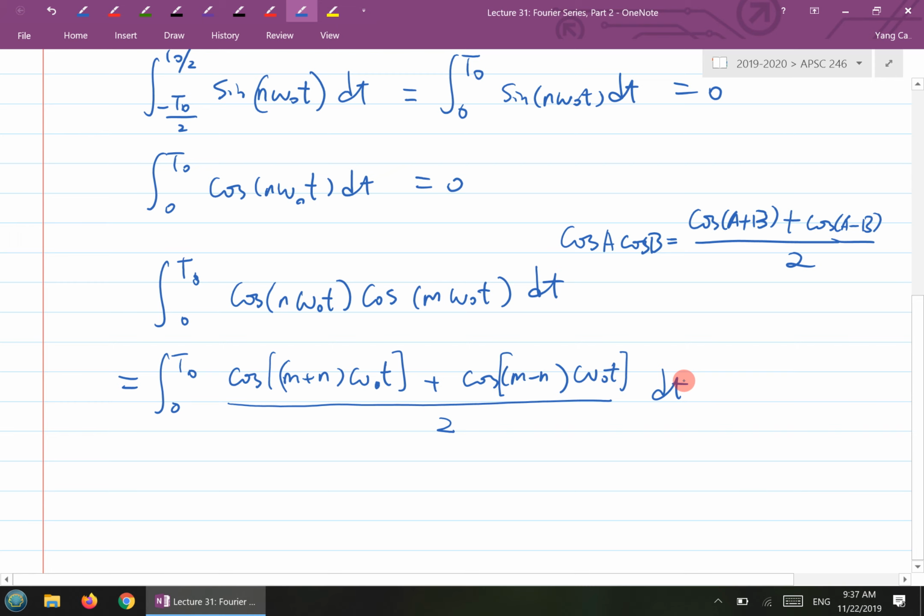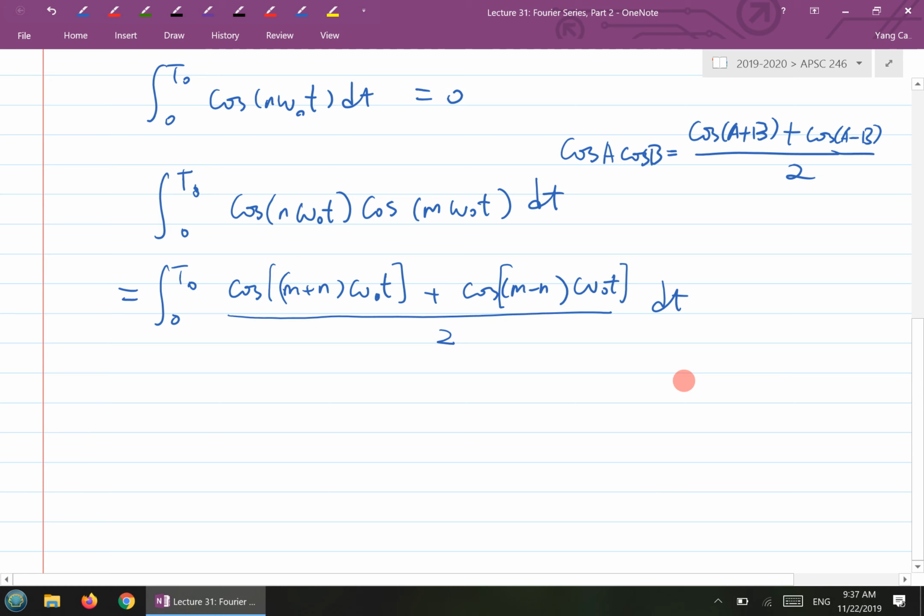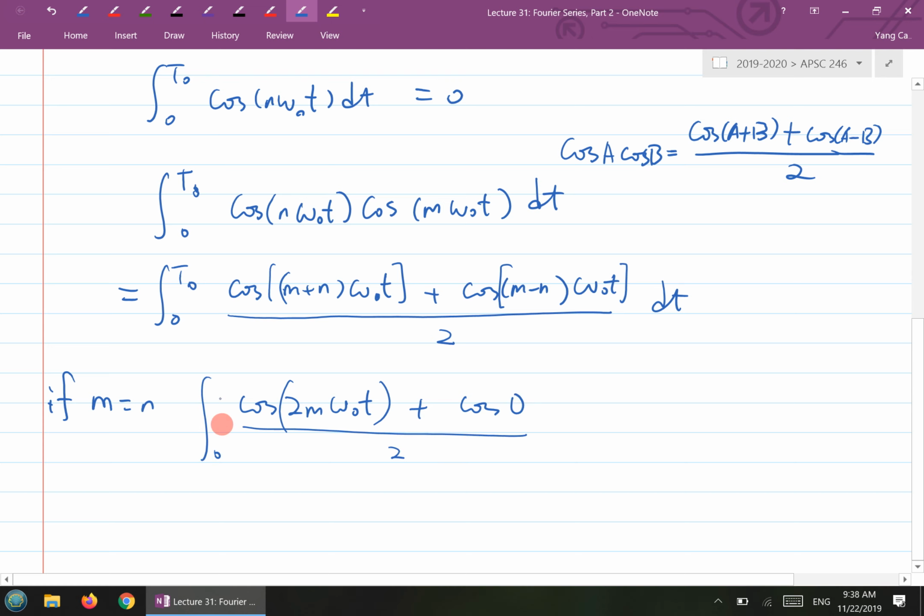From here, you need to be a little careful, right? If m equals n, then the first term becomes cosine 2m, for example, omega naught t. The second term becomes cosine 0, divided by 2, integrated from 0 to T naught dt.